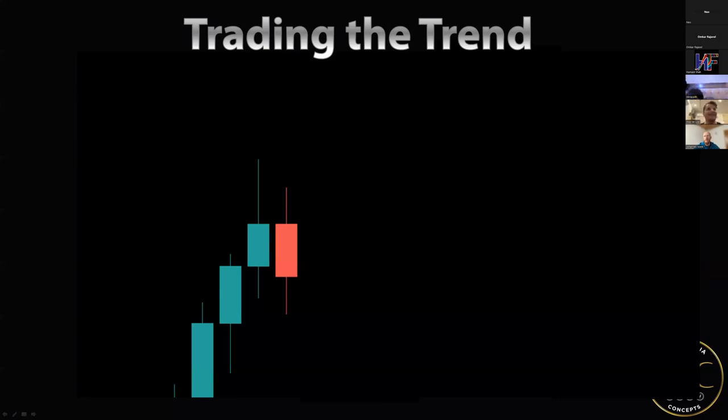So, what's happening over here? It's like a bullish trend, and we see a bearish candle that's bigger than the first. It's creating a higher low. We will wait for confirmation to make a buy.